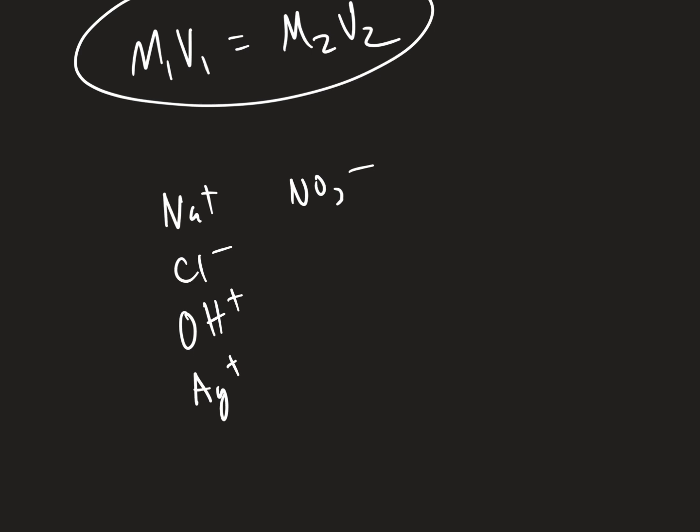Which combination will form a precipitate? You look at that solubility chart that I gave you. Yep, Cl minus and Ag plus, that's it. Because chloride is soluble except with silver plus.